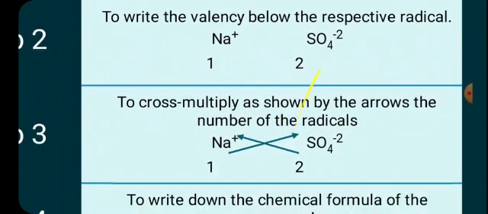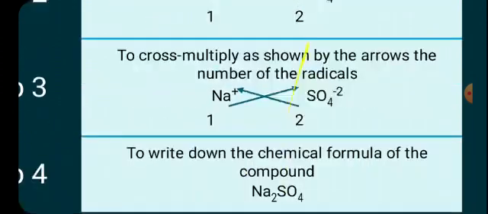Step 3, cross multiply as shown by the arrows the number of the radicals. So we have to multiply by the valency to the radical. So here Na has to be multiplied by the number 2 and sulfate ion has to be multiplied by 1. And last step is to write down the chemical formula of the compound.